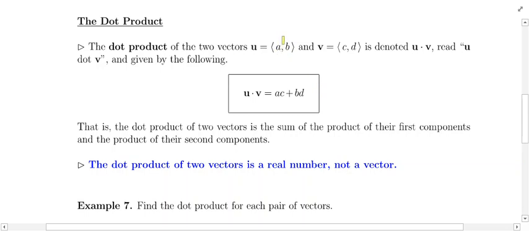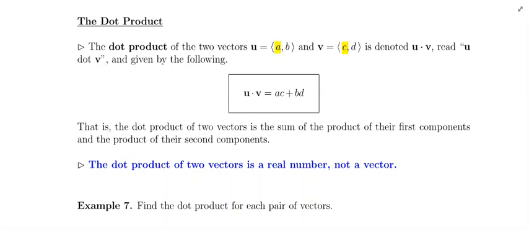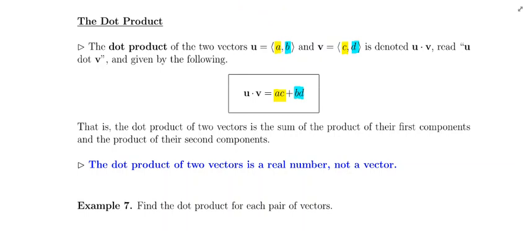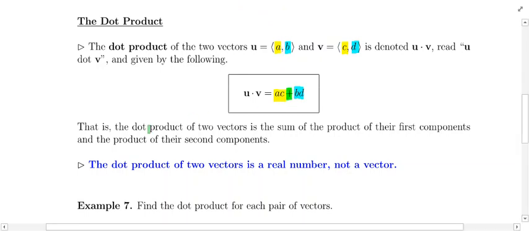Basically, you multiply the horizontal components of your two vectors together, that's the a times c part, then multiply the vertical components together, that's the b times d, and then you add the results. That's what's explained right here.